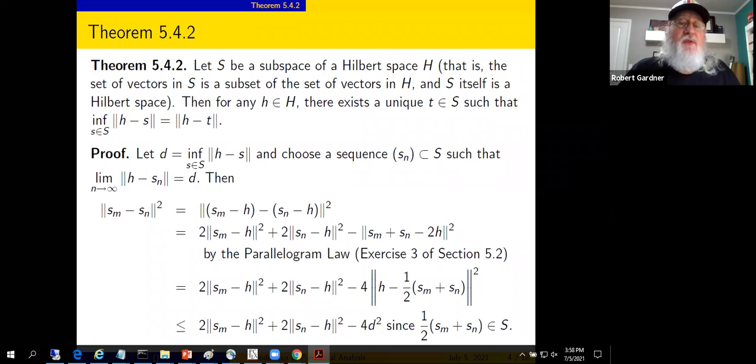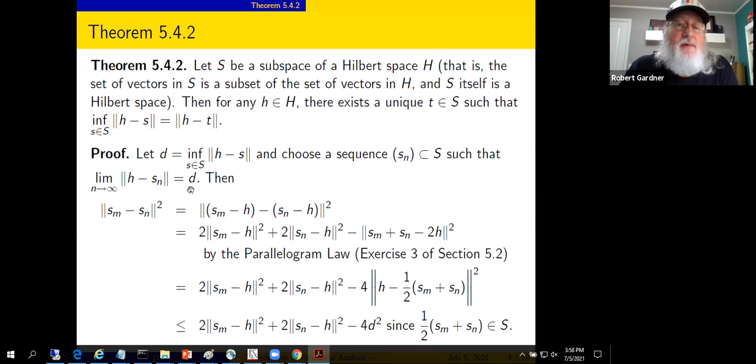Okay, so we'll define D to be that infimum, the norm of H minus S as S ranges over subspace capital S. And we'll choose a sequence, S sub n, of elements of S, such that the limit as n approaches infinity of the norm of H minus S sub n equals D. You can do that because D is defined as an infimum. So we can find a sequence of S sub n's such that in the limit, that sequence takes this value to that infimum value.